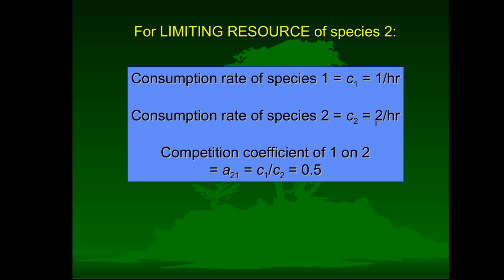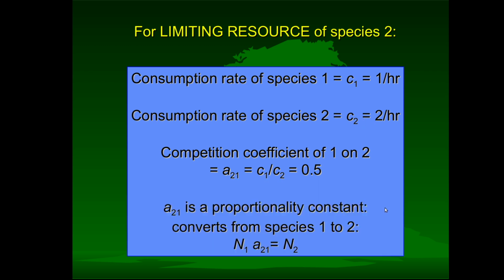So what are the units of the competition coefficient? They are the units of resource consumed per individual of species 1 divided by the units of resource per individual of species 2, both of species 2's limiting resource. So if we analyze these, the units of resource cancel out in both the numerator and denominator, leaving us with individuals of species 2 divided by species 1. So A21 has the units of individuals of 2 divided by 1. It's like a proportionality constant.